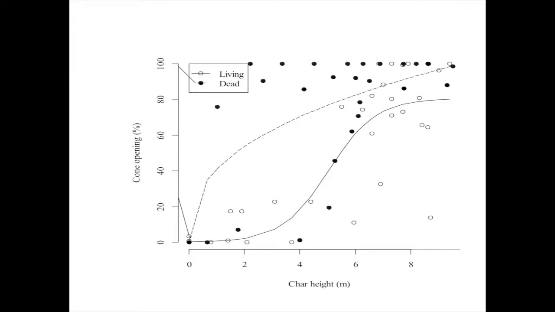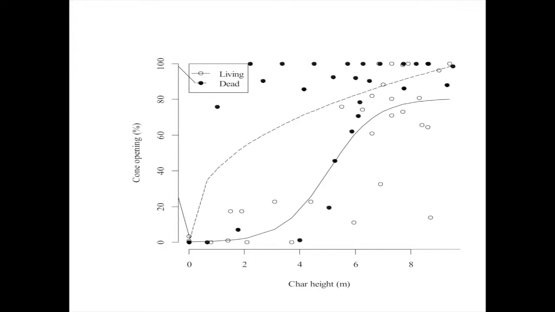In the living trees, you generally had 2 meters of charring, 2 meters of flame height up the tree. That didn't produce that many open cones. The base of the canopy was about 5 meters. So very few cones opened when you only have a ground fire that burns the lower part of the stem.